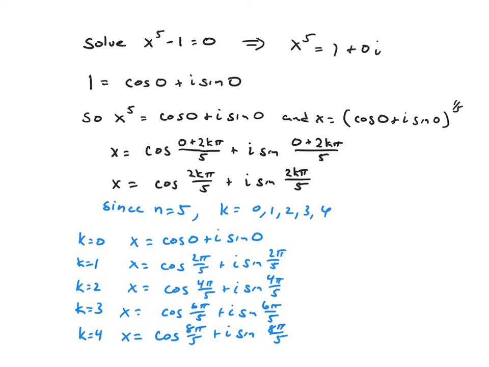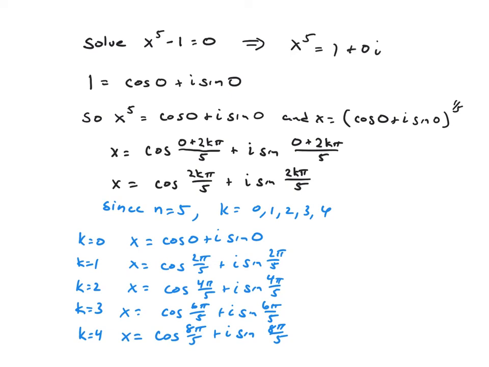So in its complex form, 1 is equal to the cosine of 0 plus I sine of 0. Double check that if you don't remember it: cosine of 0 is 1, sine of 0 is 0.